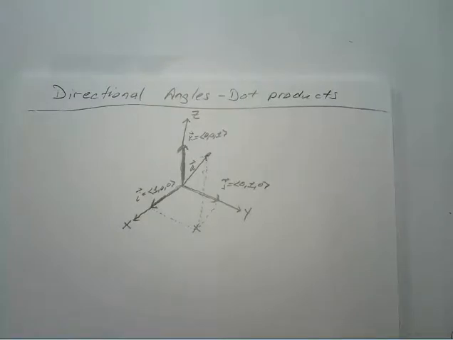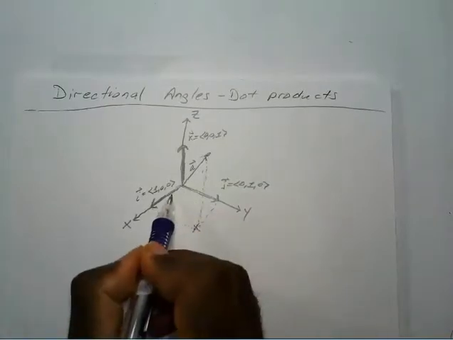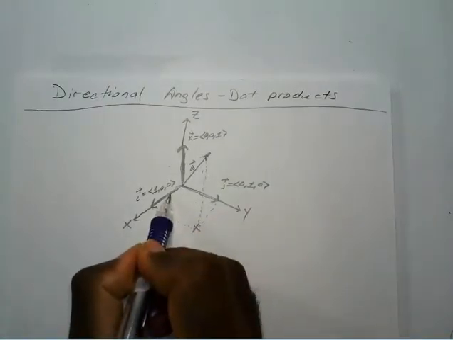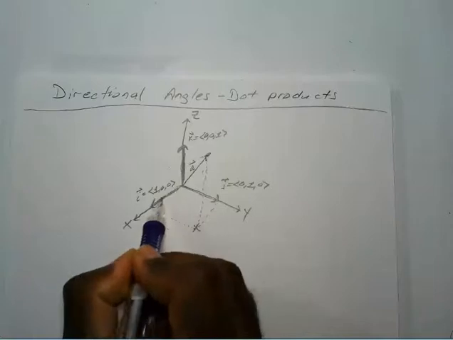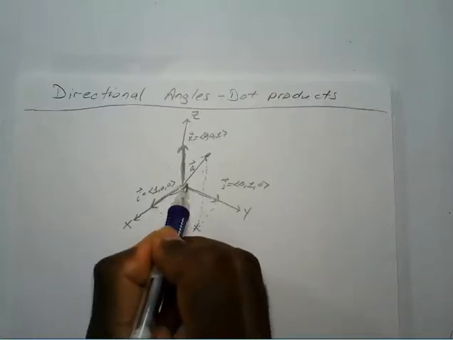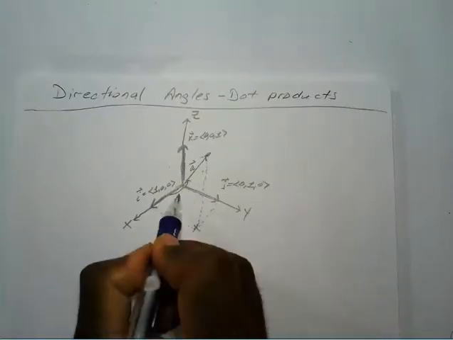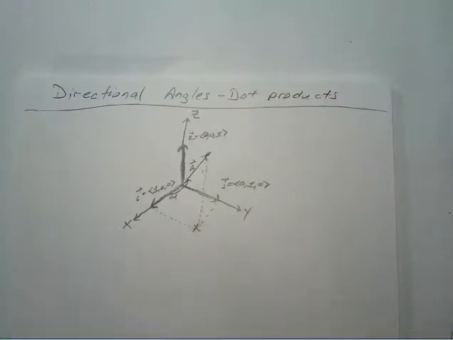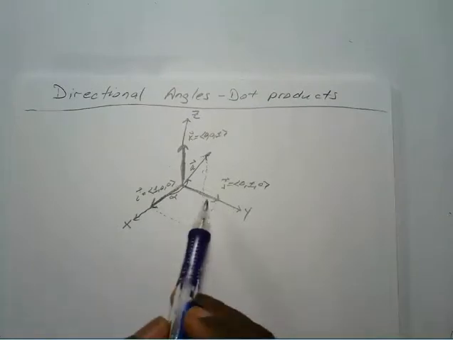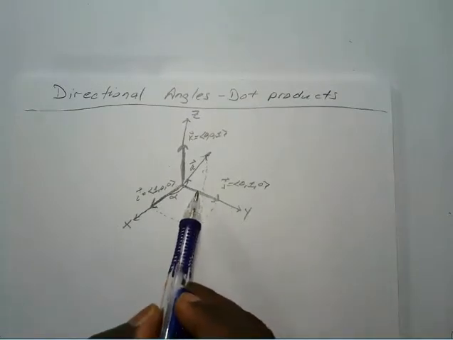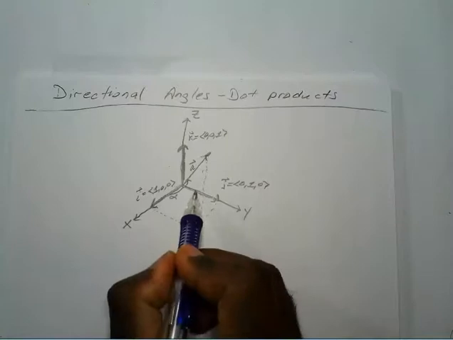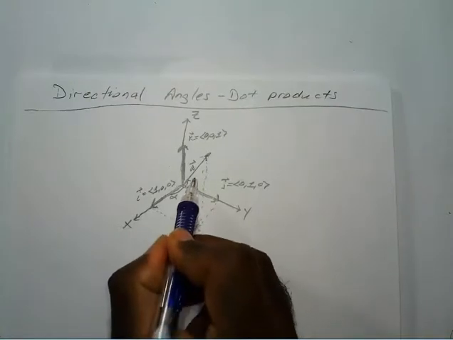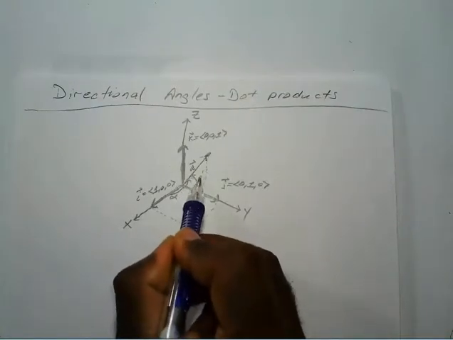Now with directional angles, let's say we wanted to find the angle between the corner of the left wall and that vector, or that stick. That'll be angle alpha. But what if we wanted to find the angle between the right wall and that stick? That would be our beta.